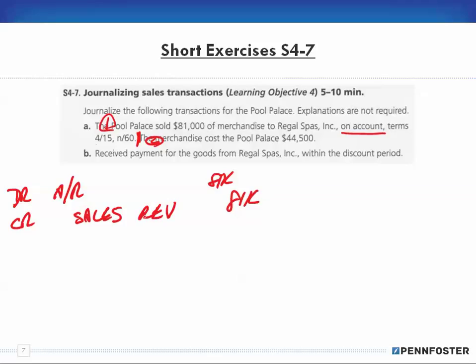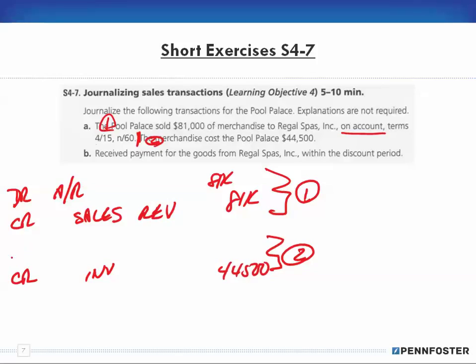Now, whenever you make a sale, if you're selling something out of inventory, you always have two entries to make. One for the sale, and number two, one for costing the inventory, meaning taking it out of inventory and putting it in cost of goods sold. Our inventory is an asset account, and it's increased on the debit side. So since we're decreasing our inventory, we're going to credit the inventory account for the 44,500.